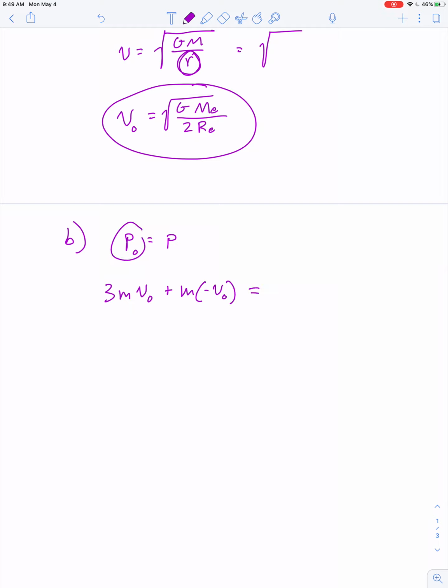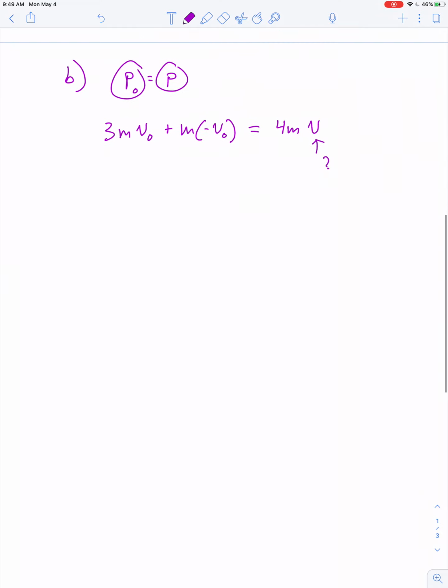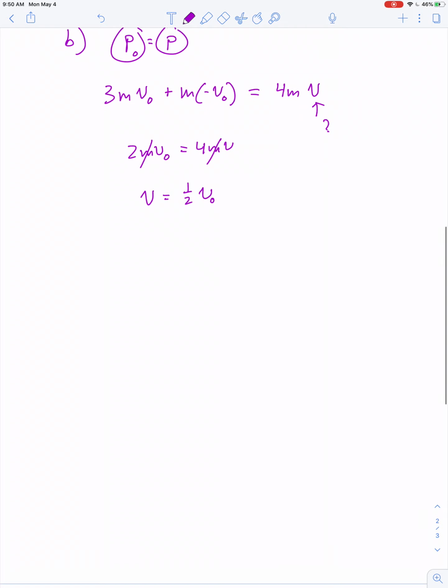That's the initial momentum. So the final momentum, since they stick together, you have a total mass of 4m, and then it's traveling with a speed v we have to solve for. So the left side of the equation is 2mv naught equals 4mv, cancel out the m, and the final velocity v is just 1/2 the initial velocity.